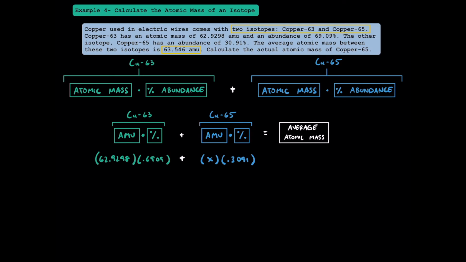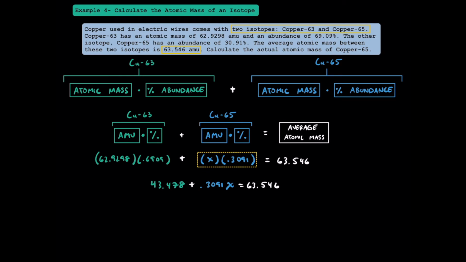What makes this example different from the last few is the fact that we actually know the average atomic mass. We're given it in the problem, and it's 63.546 AMUs. Multiplying these two together, we're going to get 43.478. And multiplying these two together, we can write this as 0.3091x and set that equal to 63.546.